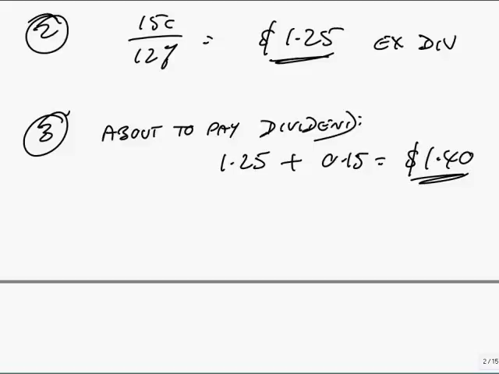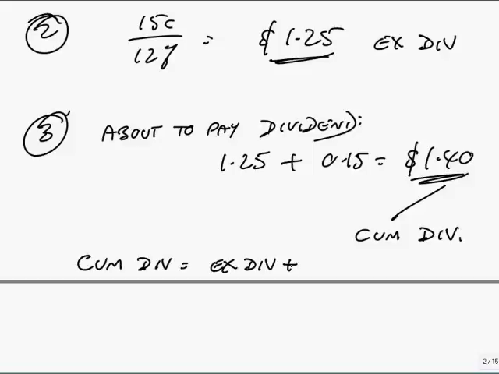Well, if they're about to pay a dividend, we say the share price is cum div. Although I think it would be awful to learn a formula, if this doesn't make sense, you must ask me. The cum div value is always the ex-div value plus the dividend about to be paid.